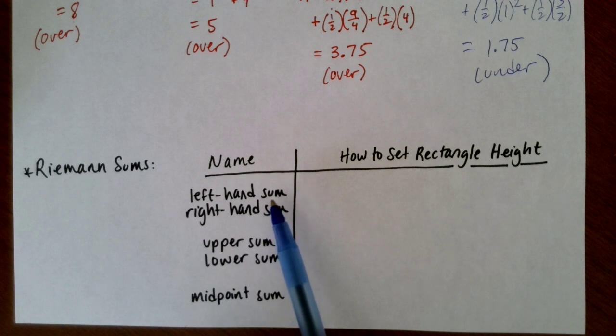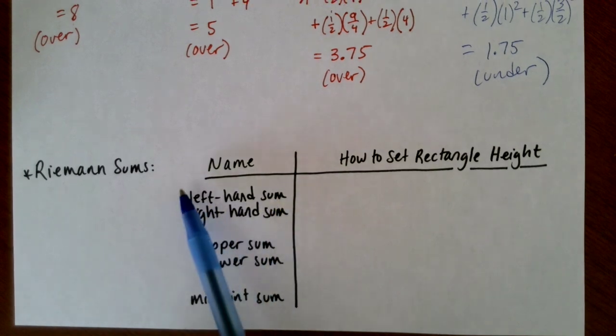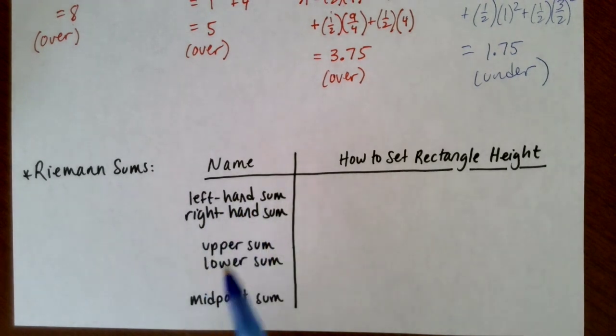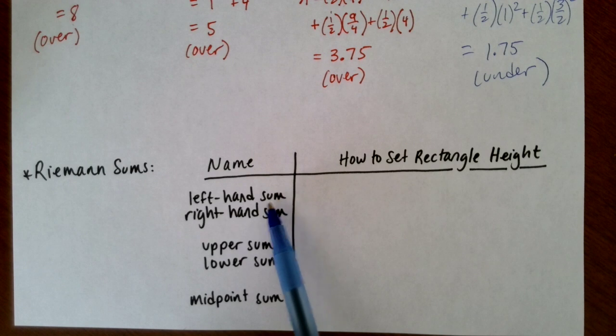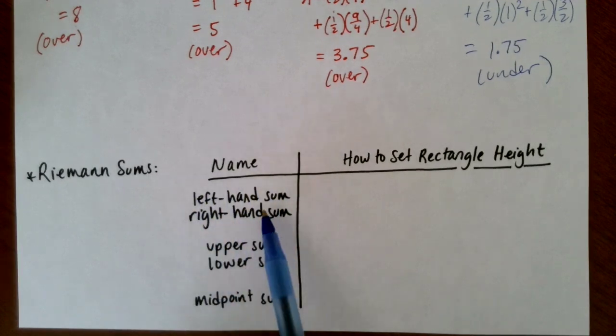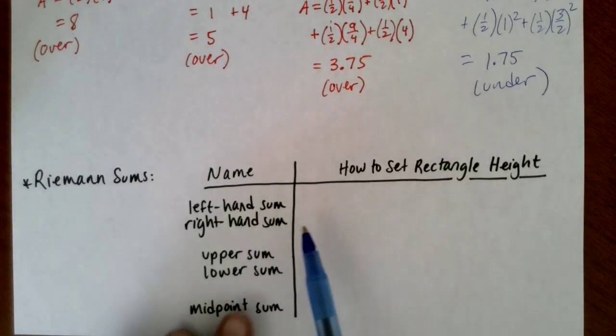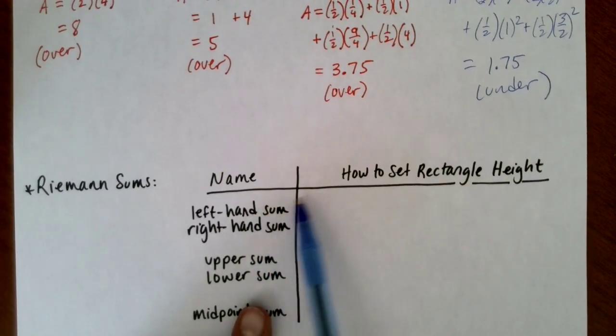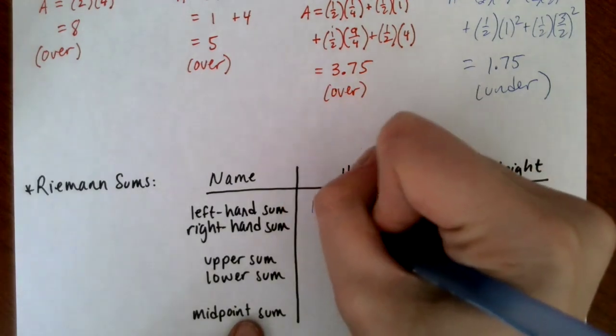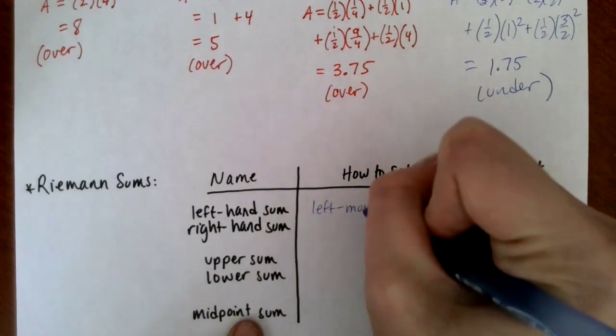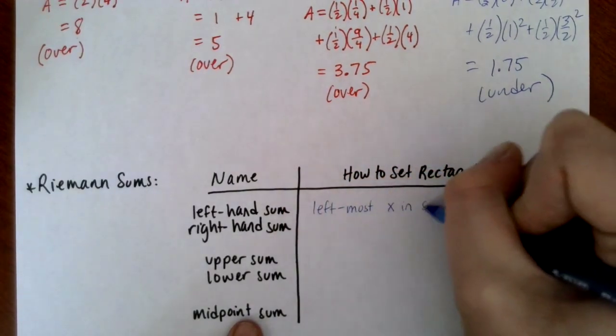So you'll see examples like, okay, do a left-hand Riemann sum with 4 rectangles. You'll cut your interval into 4 even little subintervals, and you'll use the left-hand x value to set the height of each one. So for the left-hand sum, you're going to use the leftmost x value in the subinterval.